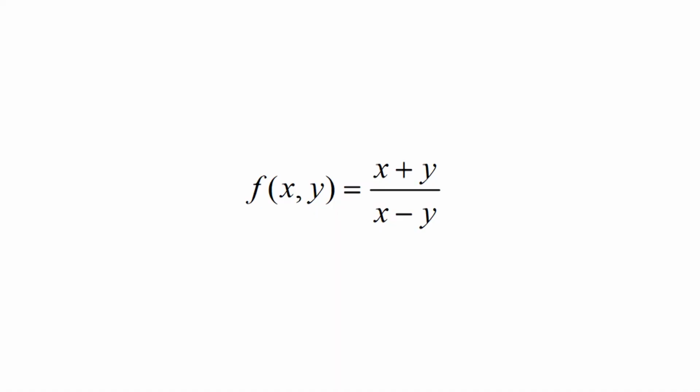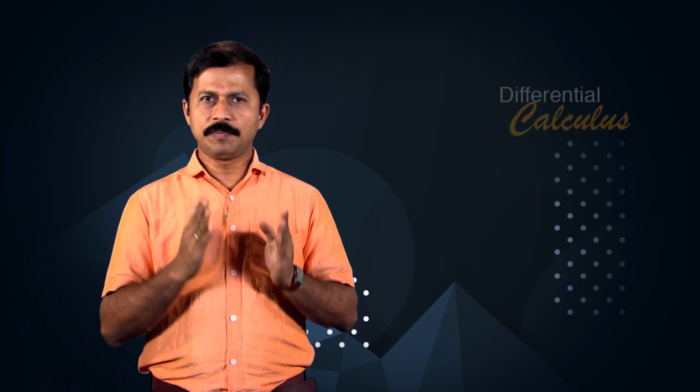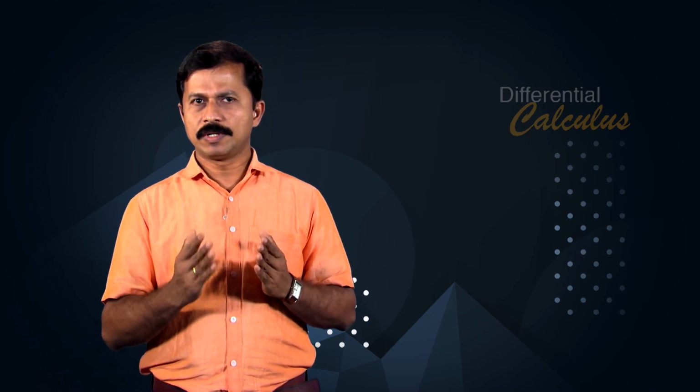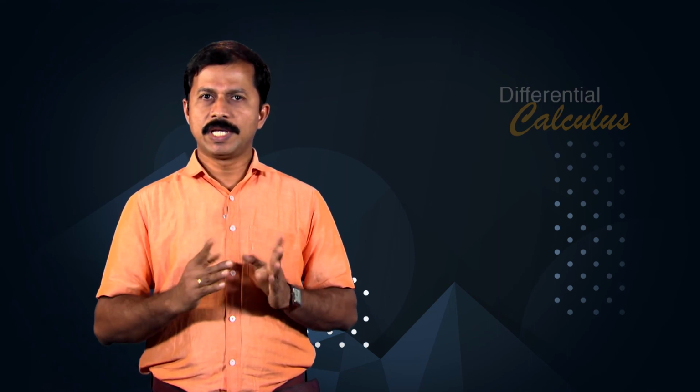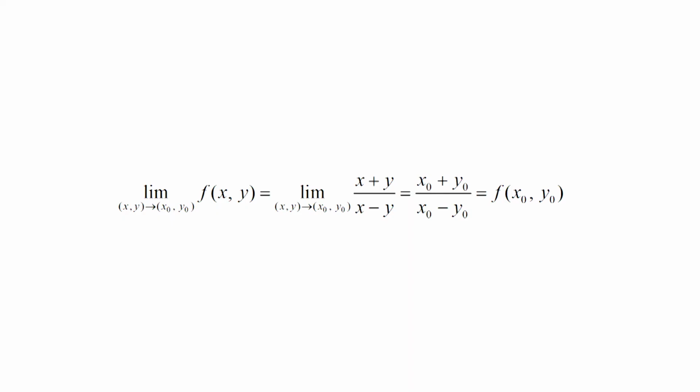which is equal to f(x0, y0). As another example, the rational function f(x, y) = (x + y)/(x - y) is continuous everywhere in the plane except at the points (x, y) where x = y, since at any point (x0, y0) with x0 different from y0, the limit as (x, y) approaches (x0, y0) of f(x, y) is equal to the limit of (x + y)/(x - y), which is (x0 + y0)/(x0 - y0), which is equal to f(x0, y0).